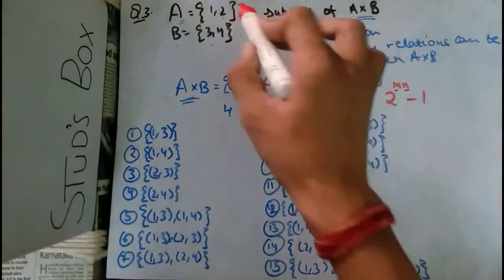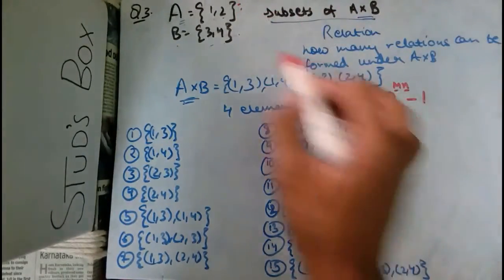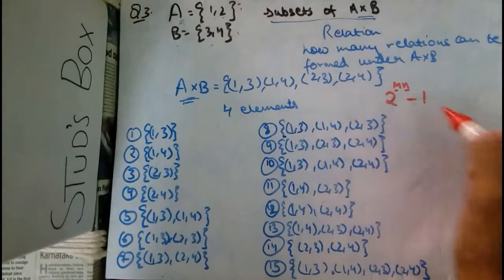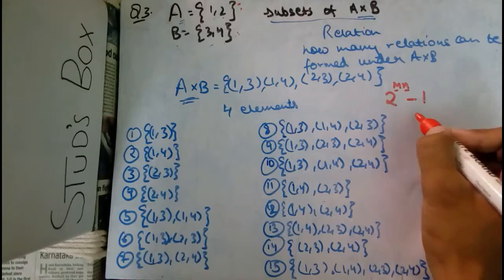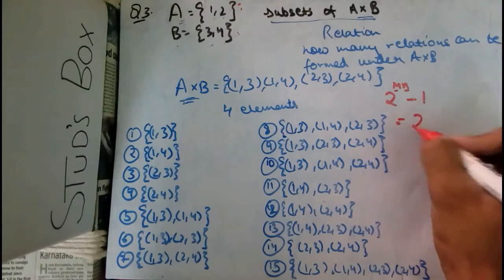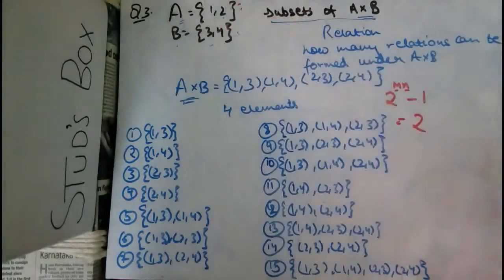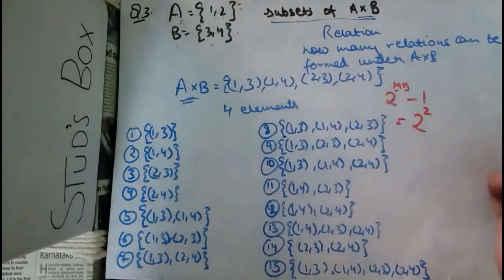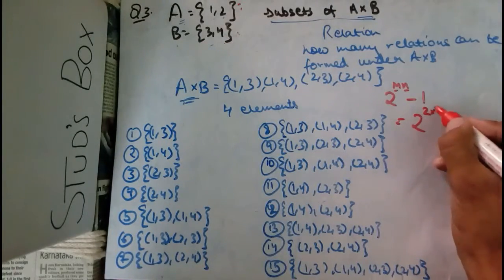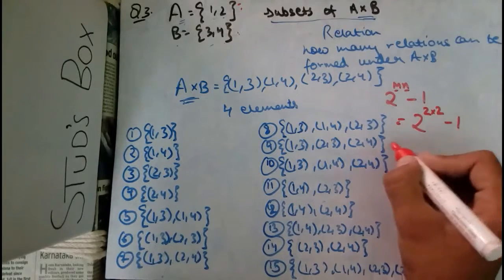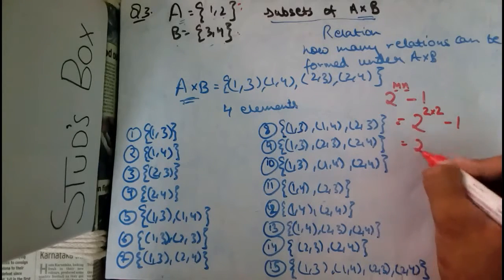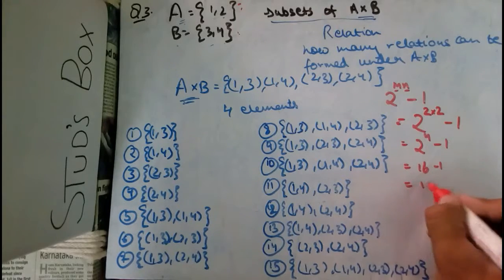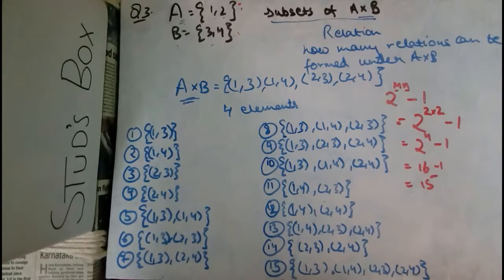So using this formula, this will give us 2 to the power of 2 into 2, minus 1. This is going to give us 2 to the power 4 minus 1, 16 minus 1 equals 15. And that is the answer.